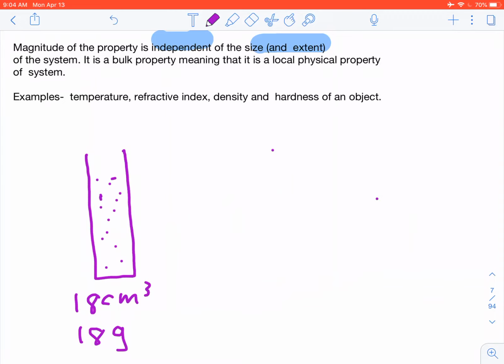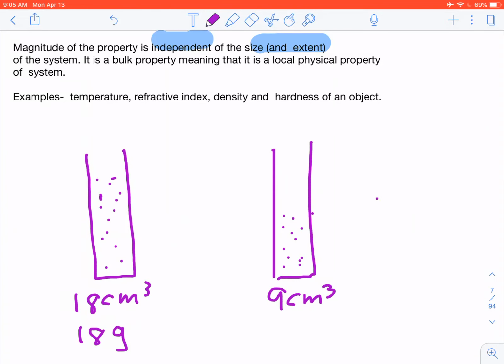Let's say I take another cylinder and I pour half of that water into this cylinder here, and we find that the volume is 9 cubic centimeters, and the mass would be 9 grams.